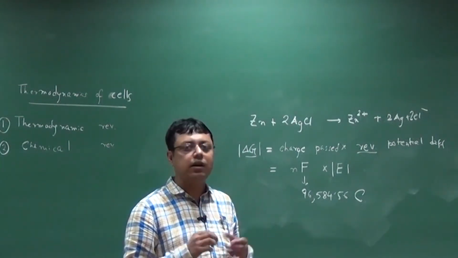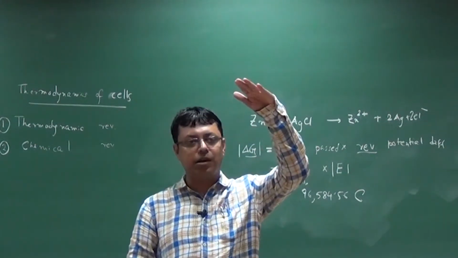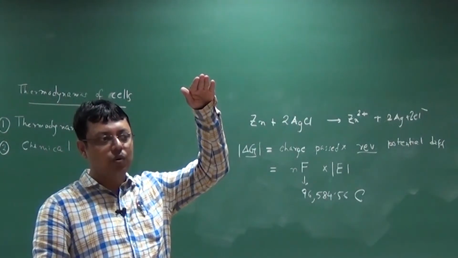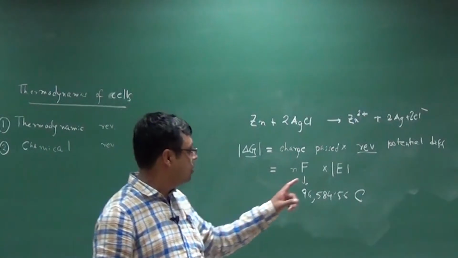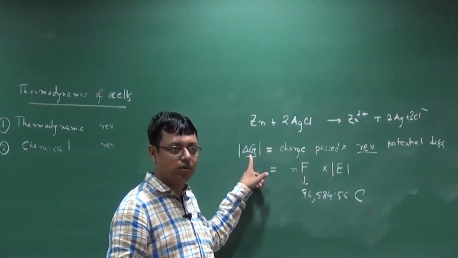It is not a positive or negative quantity. It is just a difference. Meaning if a platinum electrode is somewhere here and another electrode is somewhere here, you do not talk about its direction. But whether this difference is positive or negative will dictate whether the process is spontaneous or not.